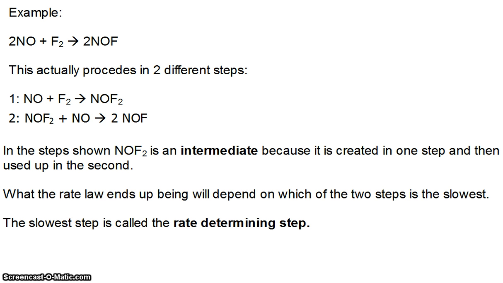If the first step, the forming of the NOF2, is the slowest step, we'll get a very different rate law than if it's the second step that's the slowest. So if the first step is the slowest, we're going to get a rate law that looks like this. The rate will depend on the concentrations of the NO, and sorry, I guess I'm getting a little bit ahead of myself.